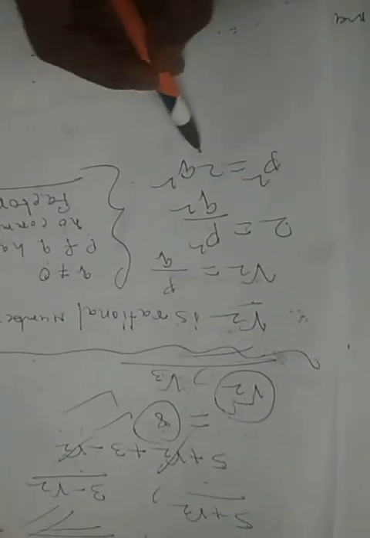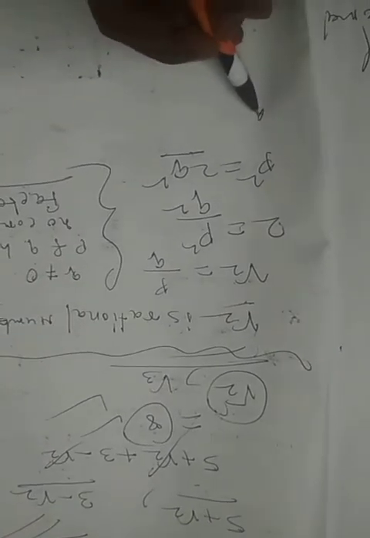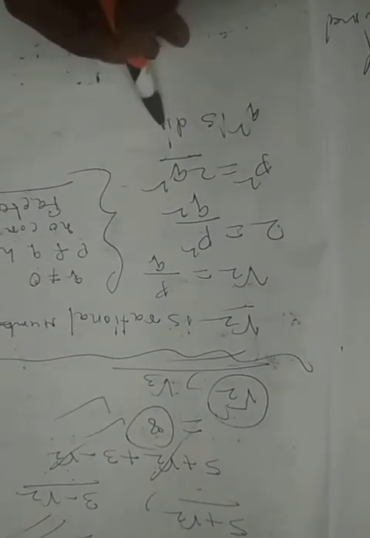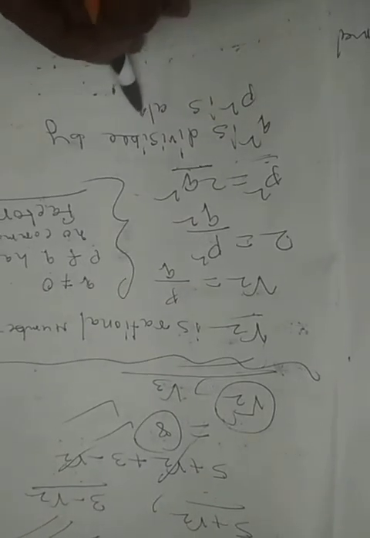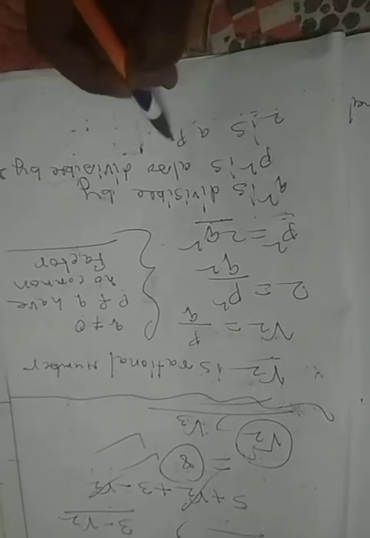Now from that equation it is sure that p square is divisible by 2, because the two terms are equal, p square equals 2q square. Now according to the definition, 2 is a prime number.